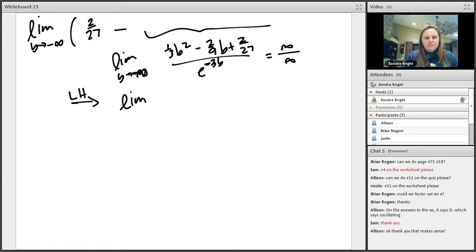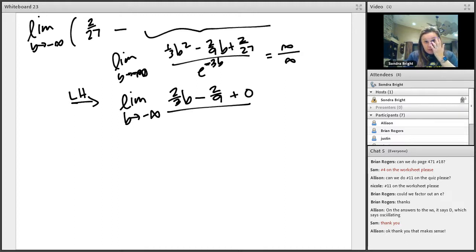Got the limit as b goes to negative infinity of 2/3 b minus 2/9 plus 0, because I just took the derivative of the top. Derivative of the bottom would be an e to the negative 3b, but then times the derivative of negative 3b, where b is my variable, so times negative 3.